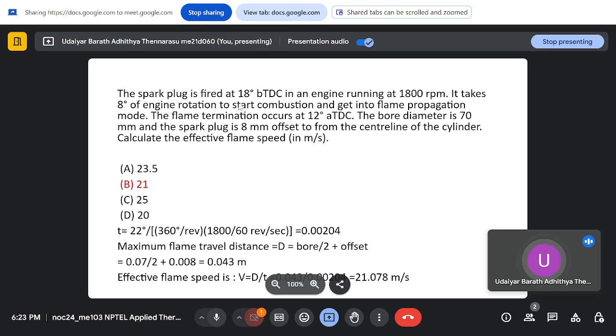The bore is 70 mm, so 0.07 divided by 2 plus the offset of 8 mm, 0.008, gives you 0.043 meter. The effective flame speed is distance by time, so 0.043 divided by 0.00204 gives you 21.078 meters per second. That is close to 21 meters per second, so the answer is option B, 21.